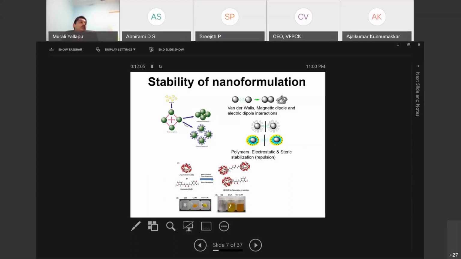Therefore, we might see low bioavailability, and the intended targeted delivery is going to be poor. So considering that, we always need to keep in mind how we can better stabilize these nanoparticle formulations so that we can achieve a better and meaningful delivery with nanotechnology or nanomaterials.